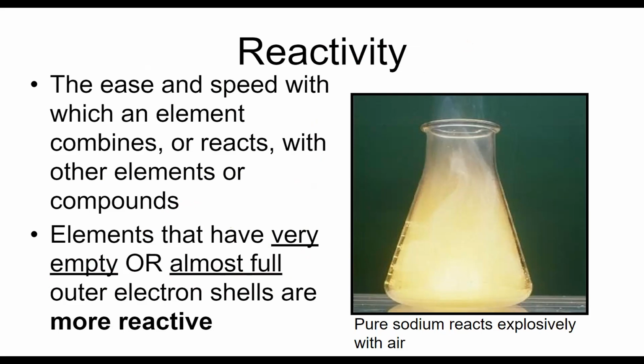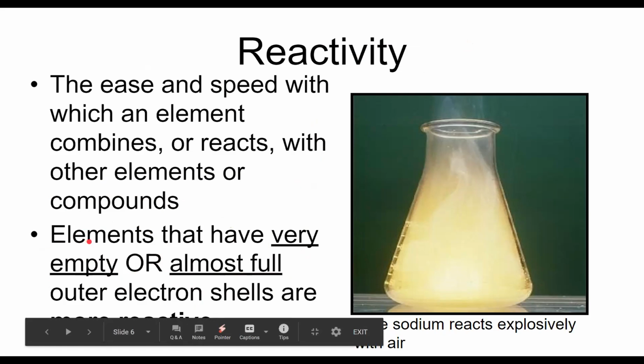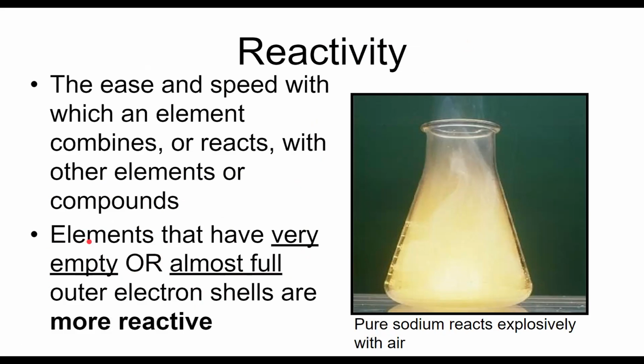So elements that have a very empty outer shell are trying to give those electrons away so that they can have a full second shell instead of an empty third shell. And atoms that have an almost full second or third shell will react in order to bring in those extra electrons so they can fill out that shell.